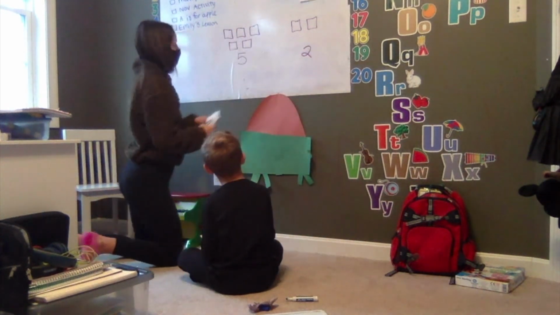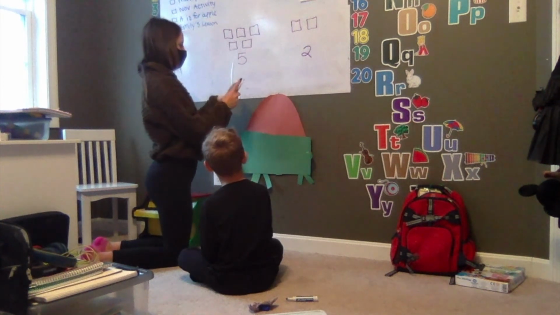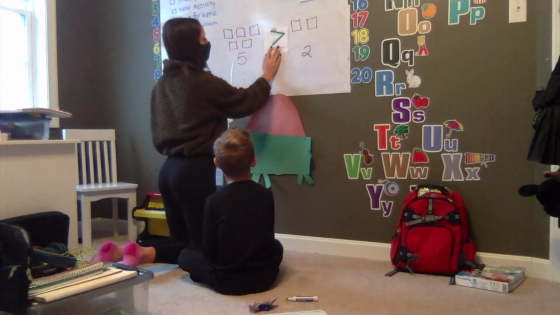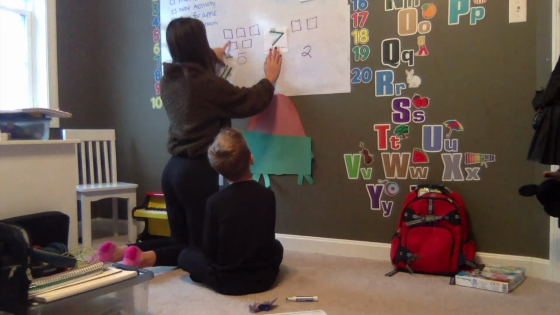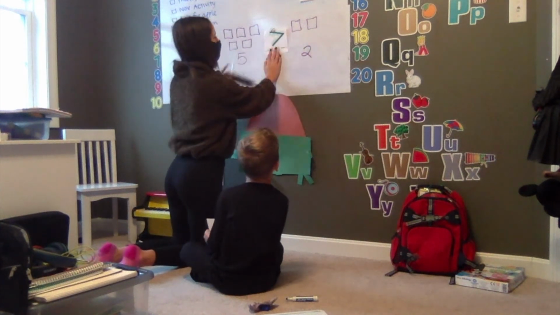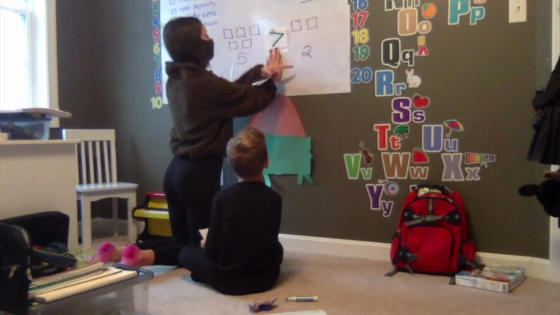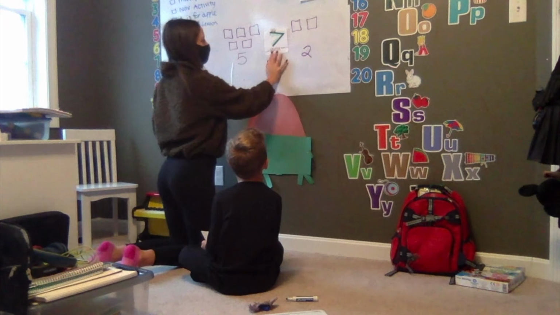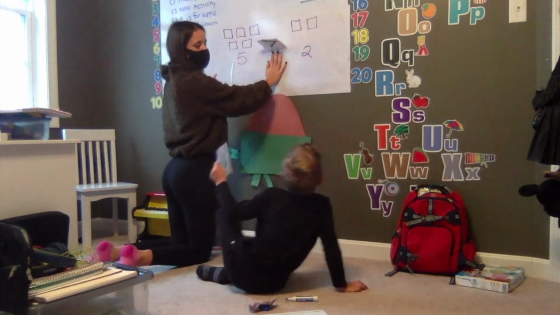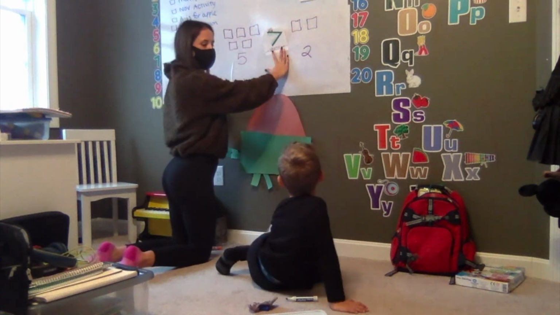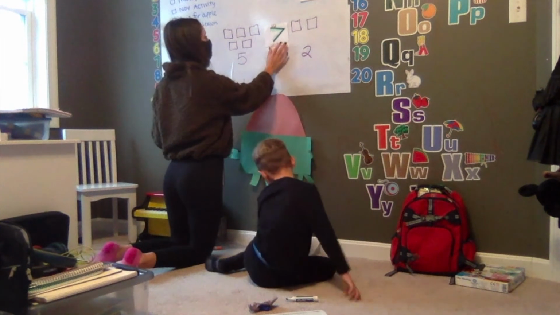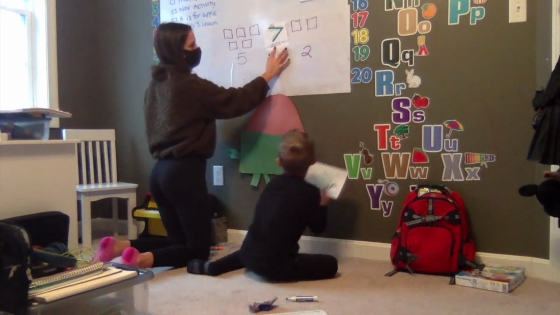So looking at these numbers, I think that 5 is greater than 2 because there are 3 more squares on this side than on this side. So that means that 5 is a greater number than 2. And we can check that by counting. 1, 2, 3, 4, 5. Did 2 come before 5? Before, exactly. So 5 is a bigger number, which means it is greater than 2.